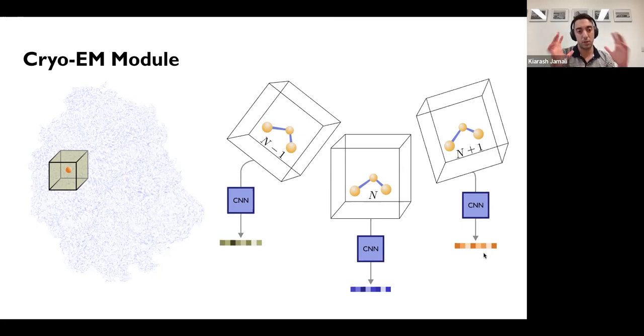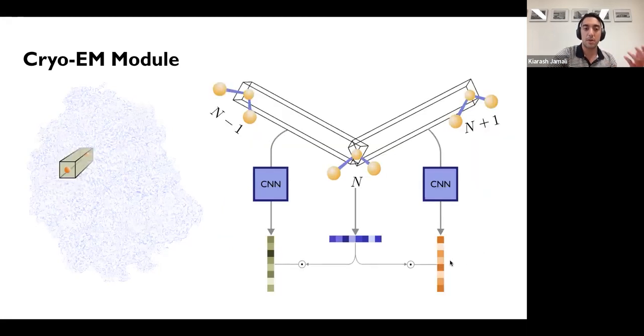So we interpolate this cube of density around the C alpha atom, and we put it through a convolutional neural network. We get a vector. We do similar for rectangles of density between the current C alpha atom and all its nearest neighbors. So the 20 nearest neighbors, we look at rectangles between them. And this is supposed to give it an idea of whether or not there's a peptide bond between the two C alpha atoms. So this also goes through a CNN, and we get another vector.